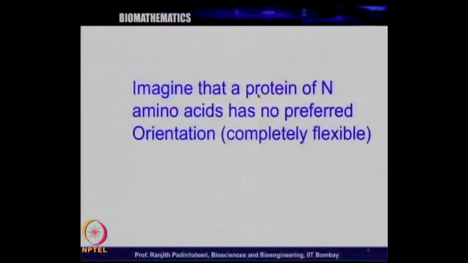So, let us consider this particular case where the assumption is that a protein of n amino acids has no preferred orientation. They are completely flexible. This is true for a protein, and actually for any polymer. So, we have a polymer with n monomers.